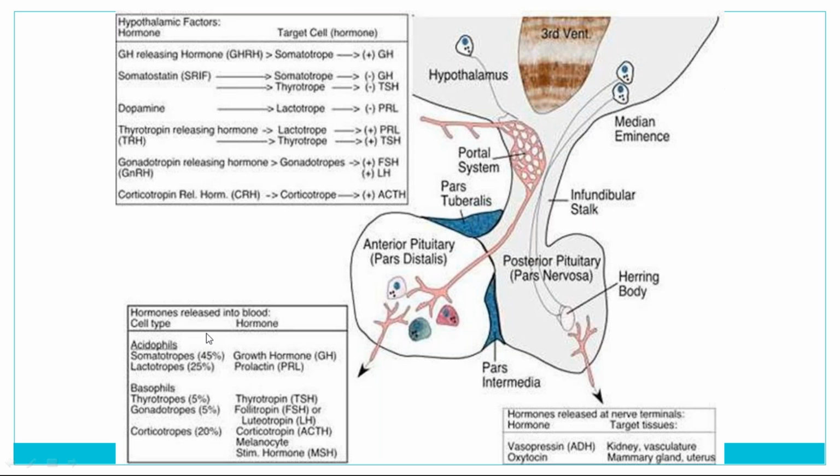And one more point is that histologically the cells in the pituitary gland can be divided into acidophils and basophils. Acidophils include somatotrophs and lactotrophs. So if there is a tumor involving the acidophils, then the patient will present with increased production of both growth hormone and prolactin.